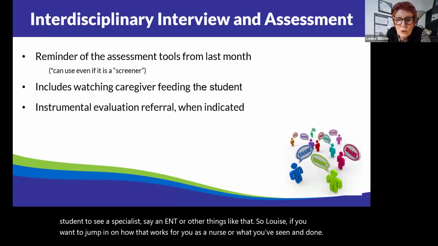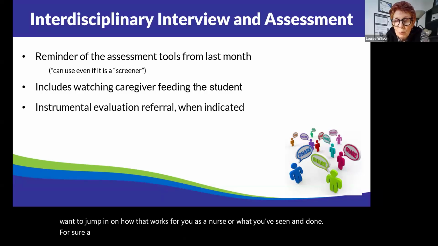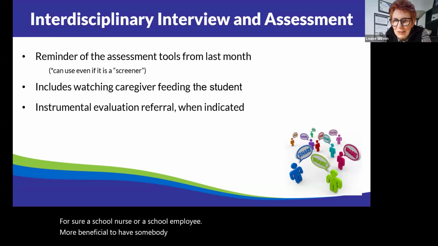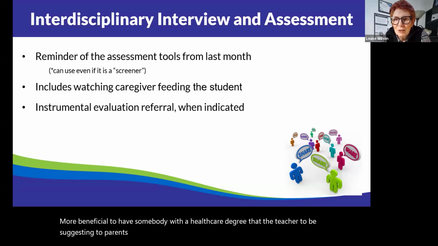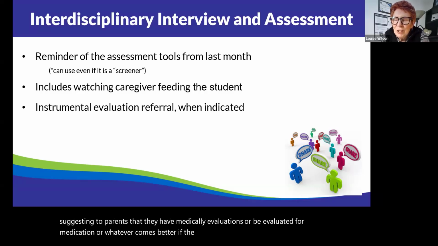Yeah, for sure. A school nurse or a school employee, it's more beneficial to have somebody with a healthcare degree than the teacher suggesting to parents that they have medical evaluations or be evaluated for medication or whatever. It comes across better if the person saying it has some healthcare credentials.